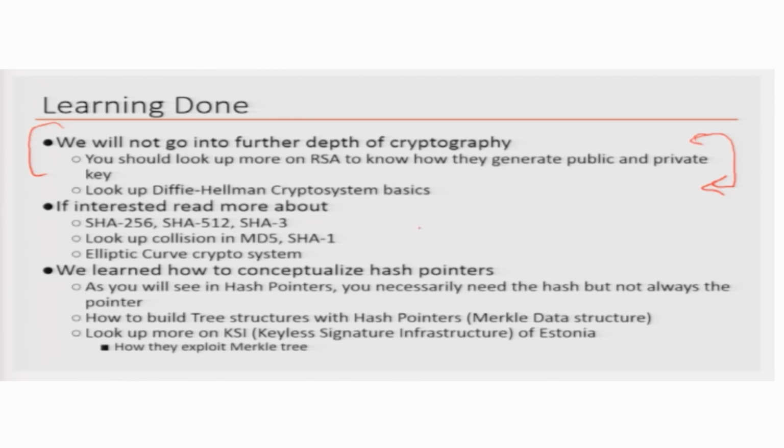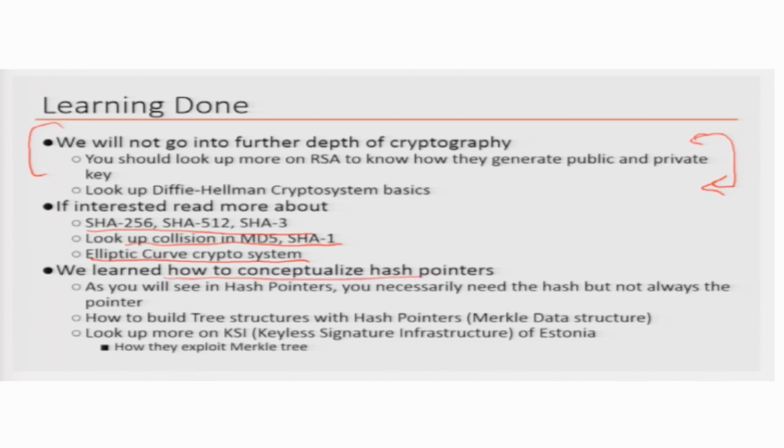If you are interested to know more about the recent hash functions being used in various blockchains, look up SHA-256, 512 and SHA-3, which is the latest NIST standard. Look up the collision stories, like how collisions were found in MD5 and SHA-1, and look up a little more about the elliptic curve crypto system, because ECDSA is the signature scheme used in Bitcoin.